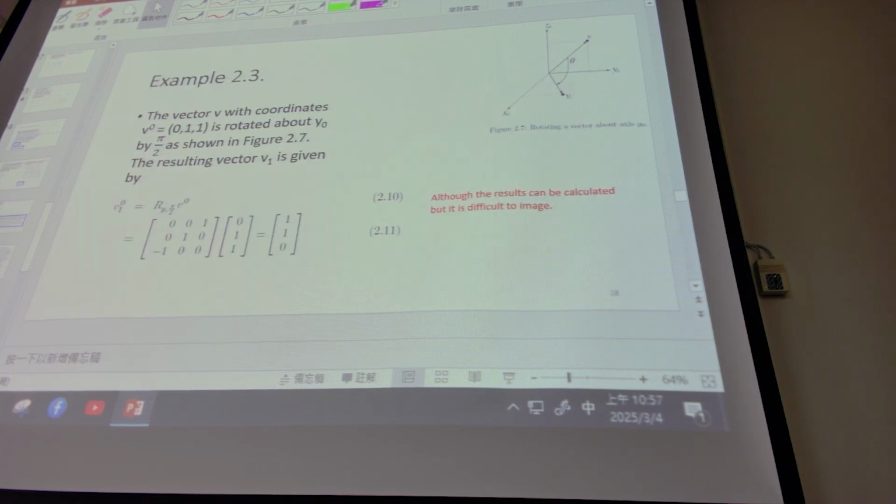For the coordinate, if you just rotate about your original axis, it would be fine. But if there is a need to rotate about an arbitrary axis, how can you do that? Over here is one very good case.